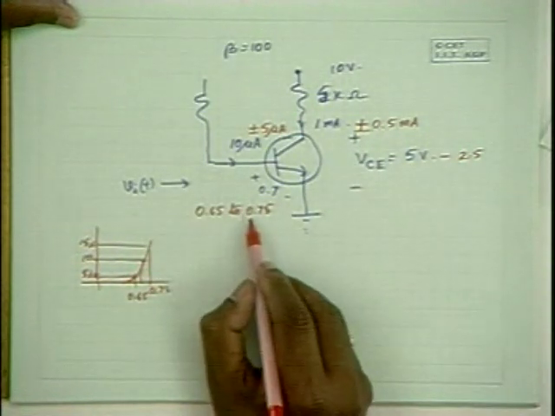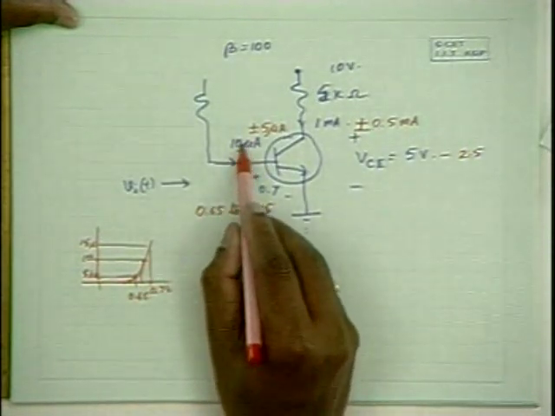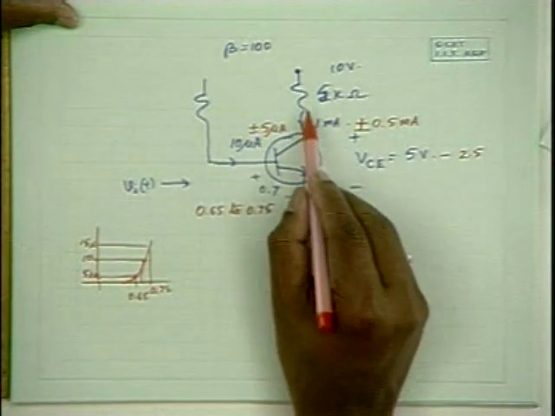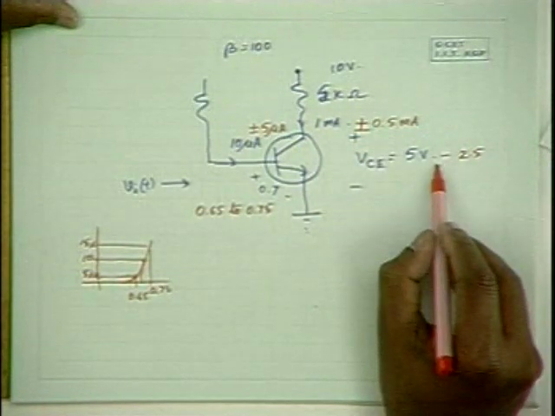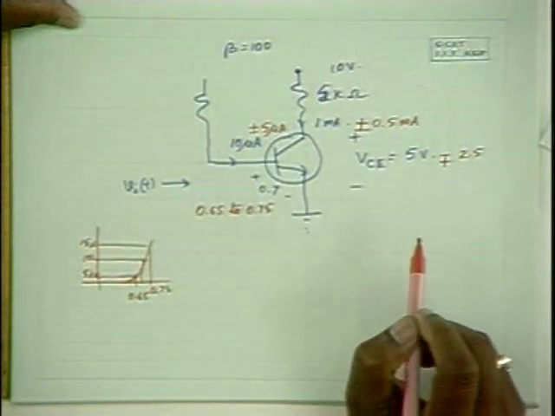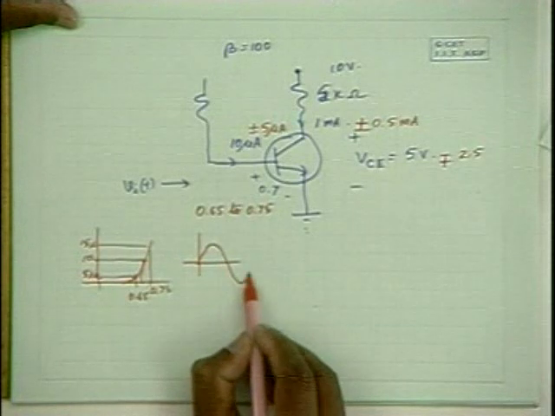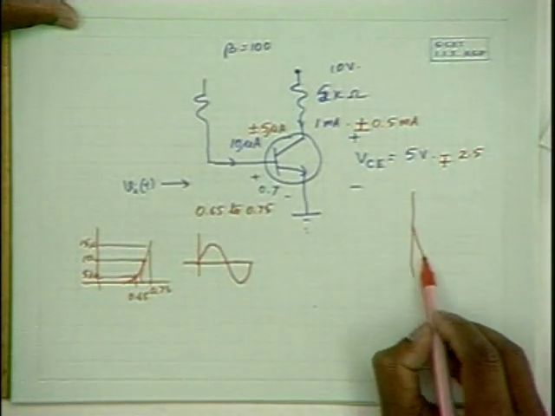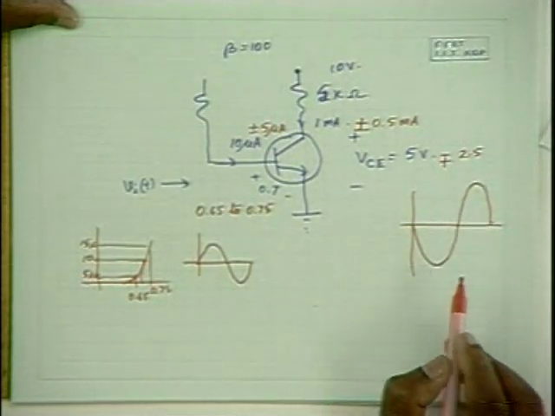Now when the voltage is 0.65 volts, the base current is going to be 10 minus 5, that is 5 microamperes. Collector current is 0.5 milliamperes, and the output will rise by 2.5. So for a rising input like this, the output voltage would be a falling voltage like this.